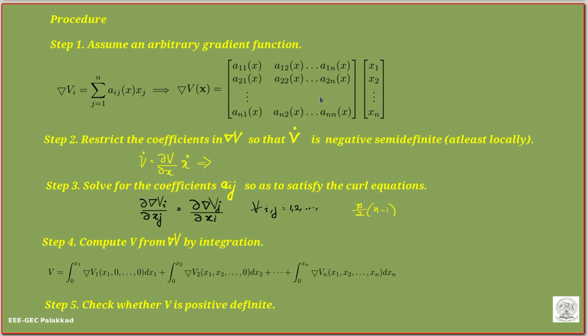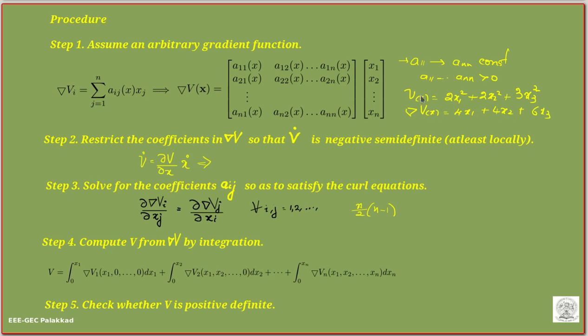Okay, and it would be better to choose the diagonal elements as greater than 0, if I choose a11 to ann as constants here. So everywhere I am going to take them as constants, and also these a11 to ann as greater than 0. This condition is imposed because if I have V of x equal to something like 2x1 squared plus 2x2 squared plus 3x3 squared, then del V of x would be something like 4x1 plus 4x2 plus 6x3.